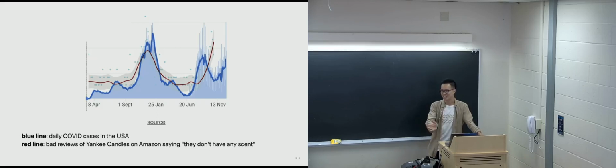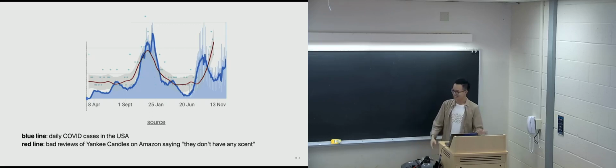If you're like me, you're looking at this plot and thinking, well, we know that COVID-19 messes with your sense of smell. So if there are a lot of people who have COVID, they would probably light a candle and think, this candle doesn't really smell that good, there's something wrong with this candle. So they post a bad review on Amazon. We don't know if this is necessarily what happened, but the correlation is a little uncanny. It's just funny to think about.